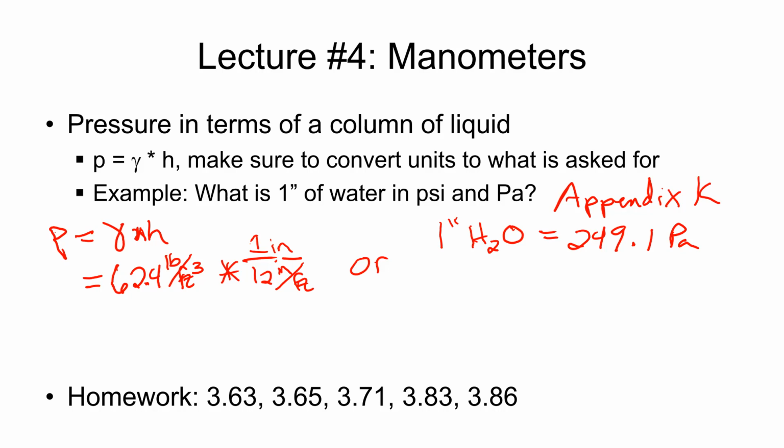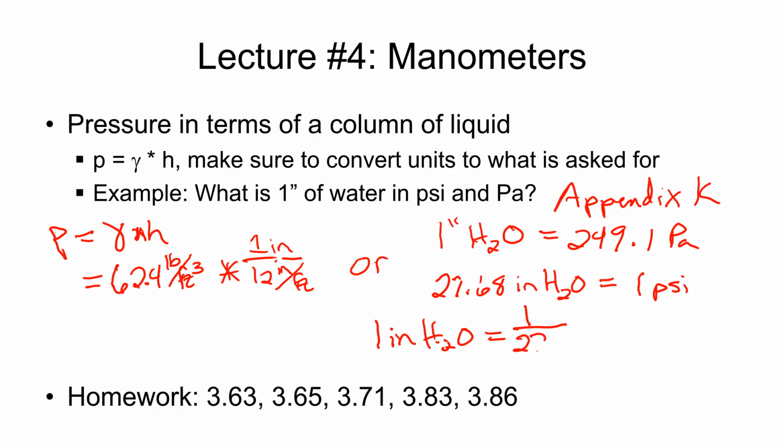Or I can also see that it says that 27.68 inches of water is equal to 1 psi. So 1 inch of water is going to be equal to 1 over 27.68 psi.